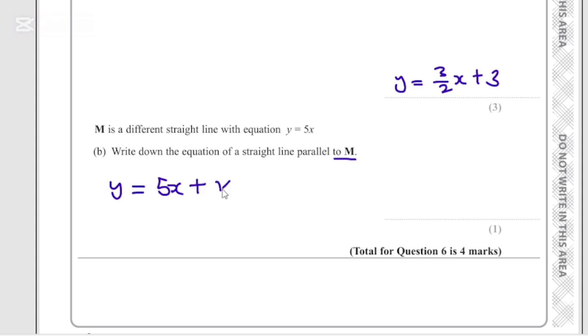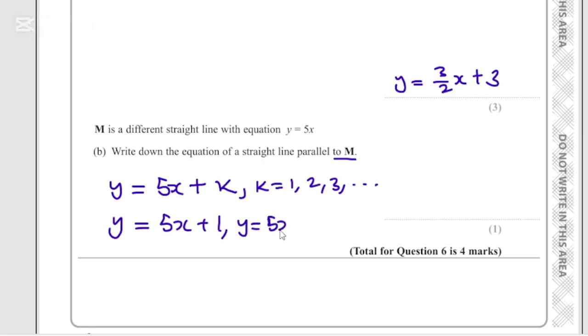Plus, let's say k, where k is any y coordinate. So it can be 1, 2, 3, and so on. All right. So if you write y is equal to 5x plus 1, this equation is going to be correct. This line is going to be parallel to that one. Even if you write y is equal to 5x plus 4, still this is going to be parallel to that.